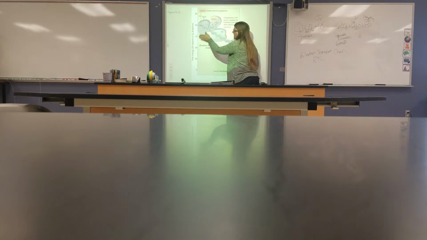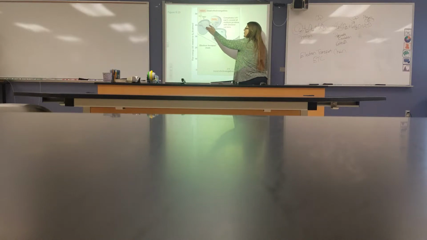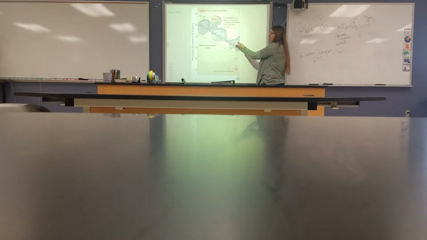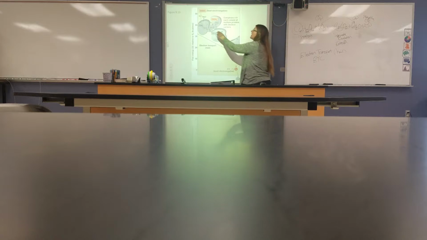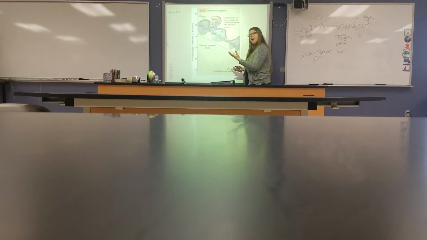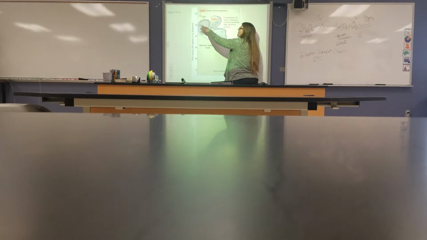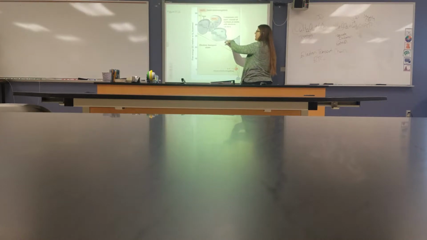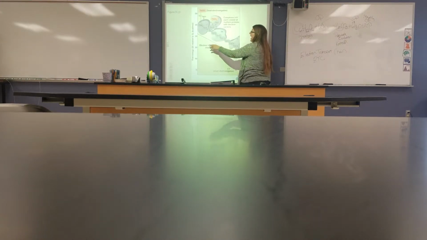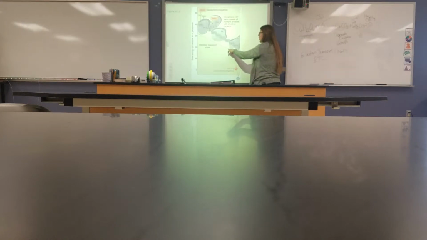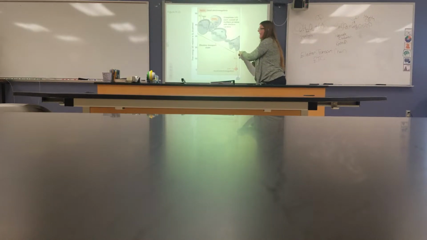What we're seeing here on this graph is that we have this gradual drop in free energy, in kilocalories per mole, as the electrons from our electron carriers are passed from enzymatic protein complex to protein complex. And we have this slow drop in free energy.